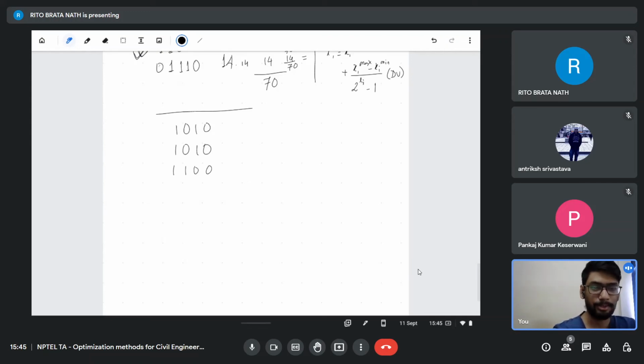If you do crossover between these two, with the crossover site from this point onwards, this comes here and this goes here. Then even if you flip it around, you will get the same children in both cases, and you don't do any improvement as such.